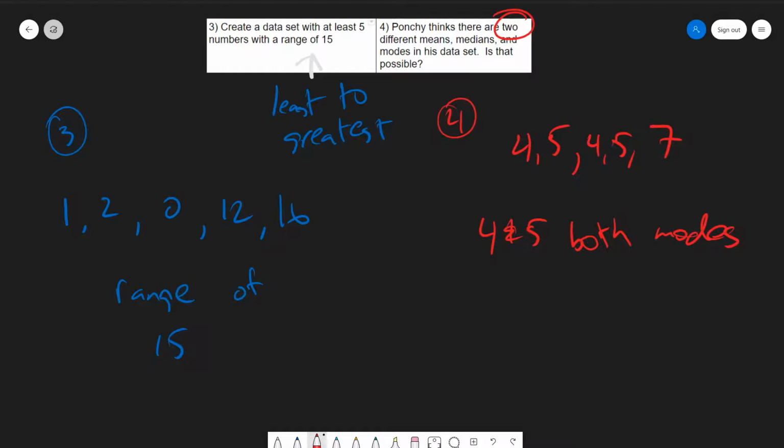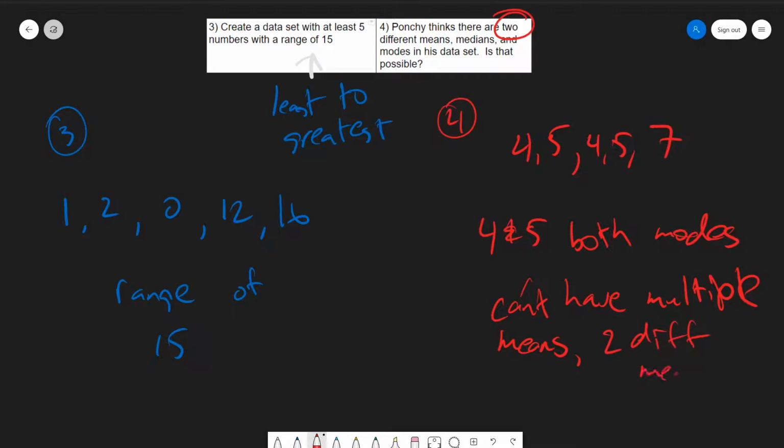No. It's impossible to say, oh yeah, in that class I have an 80% average and an 85% average at the same time for a solo taught class, right? So you can't have multiple means, and you couldn't have 2 different medians. It's always going to be just that one number in the middle, or an average of the 2 numbers in the middle.